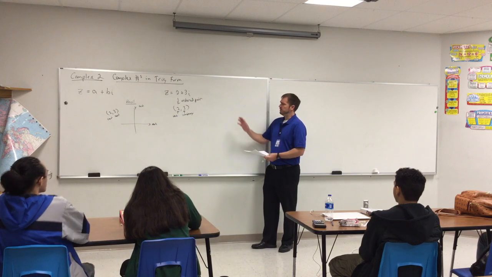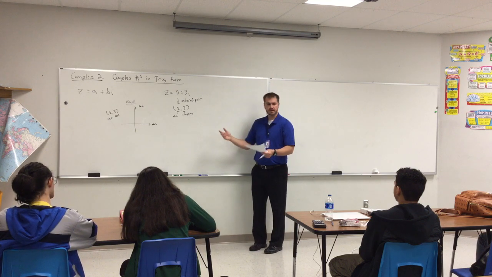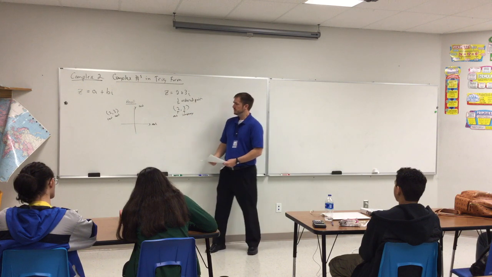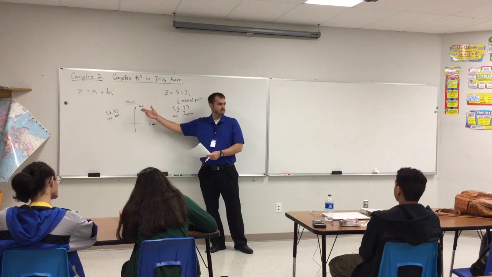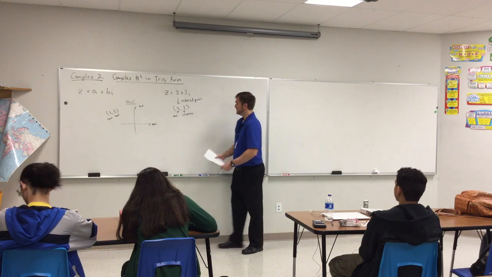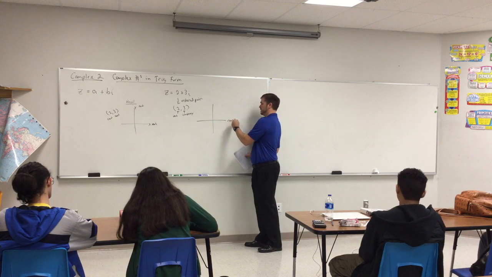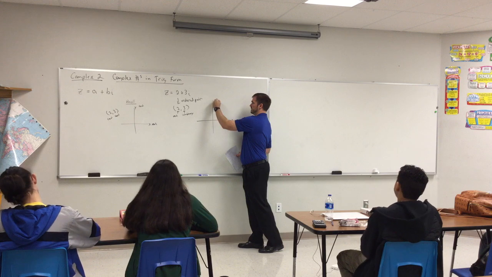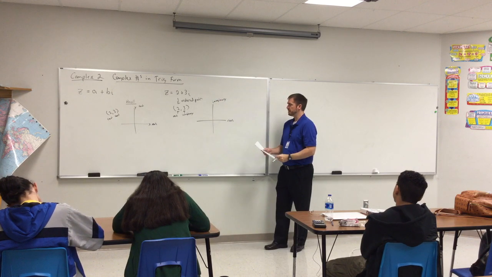So what we can actually do is plot this. You say, I've got 2 real axes, but who said that axis has to be real? Why don't I just call that the imaginary axis? I'm going to plot the real part on the real axis and the imaginary part on the imaginary axis.